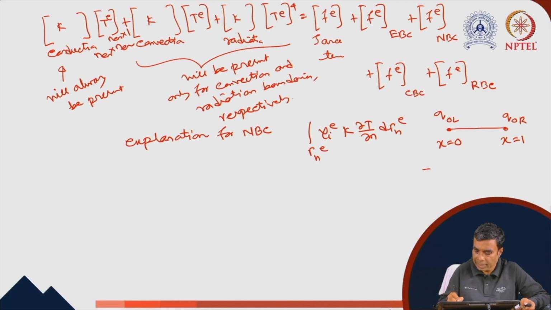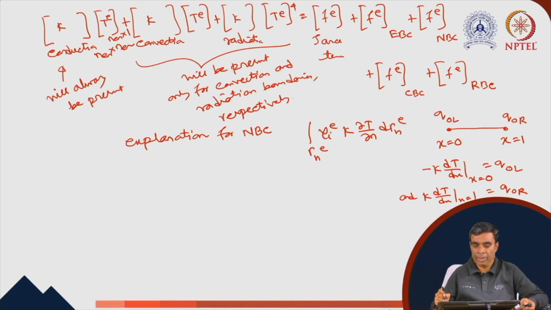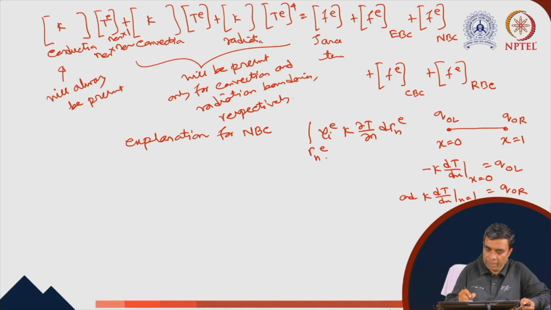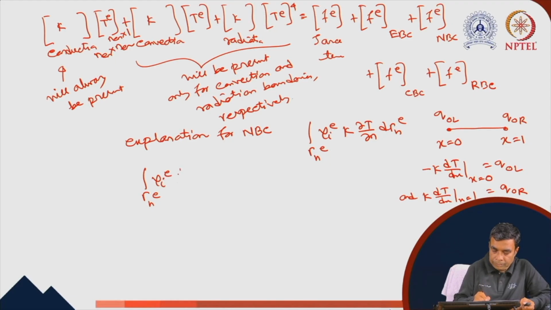So we write it as minus k dT/dx at x equals 0 equals q_0L. At the right boundary we write k dT/dx at x equals 1 equals q_0R. Now, if we consider this boundary integral term, then we get integration over Γ_h^e ψ_i^e into n_x dT/dx dΓ_h^e for one dimension.